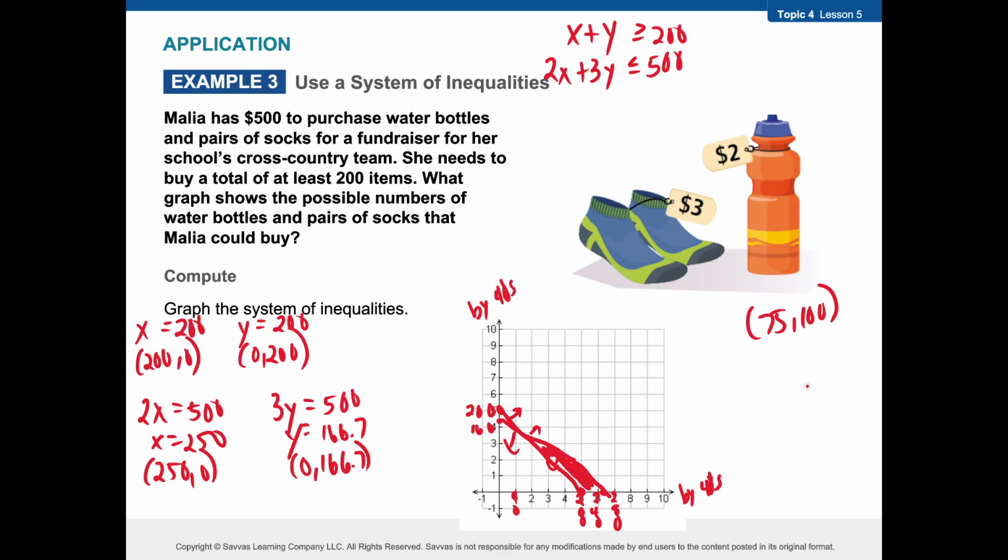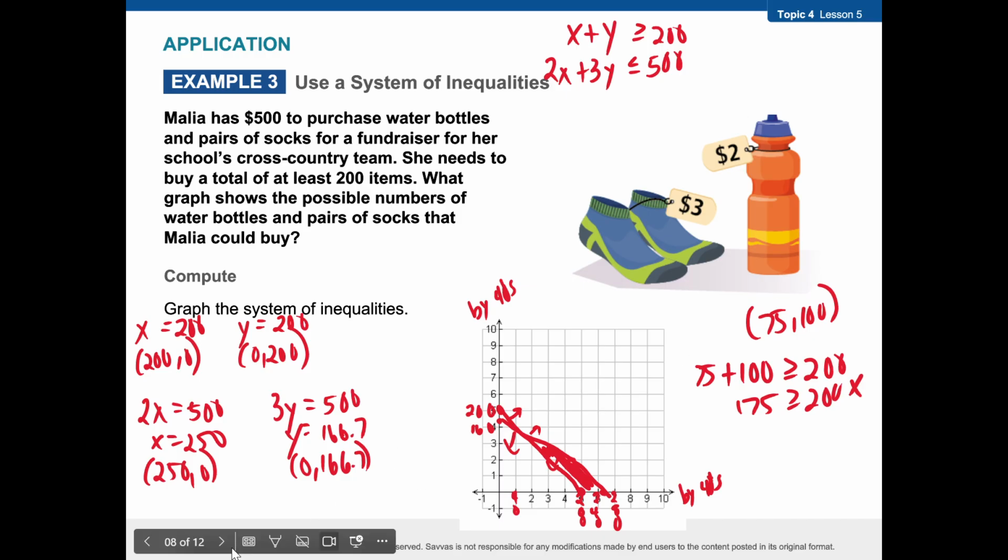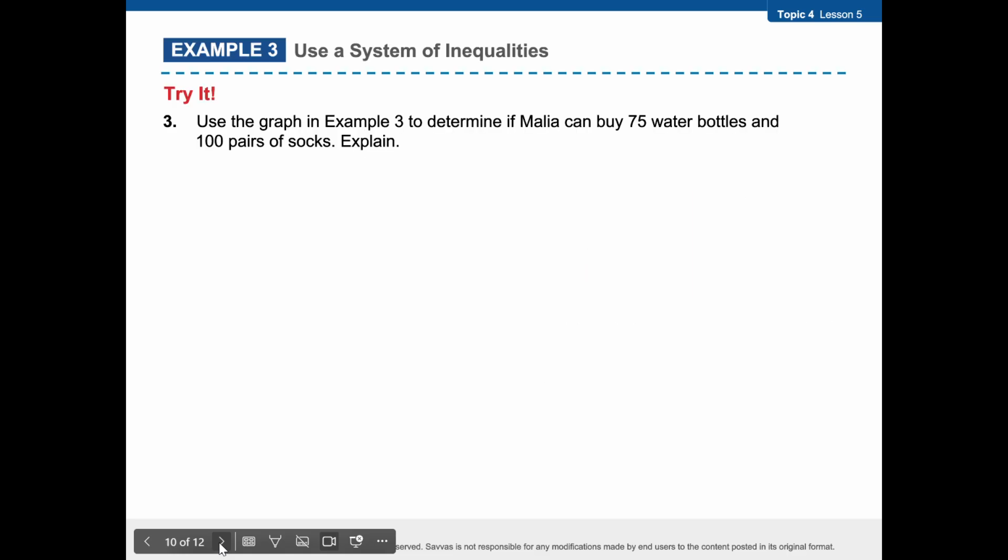Well, it would be less than or equal to 500, but I would need 200 items, and 75 plus 100 is not going to be greater than or equal to 200, so that would be no. That would not work. She would need 25 of something more, at least.